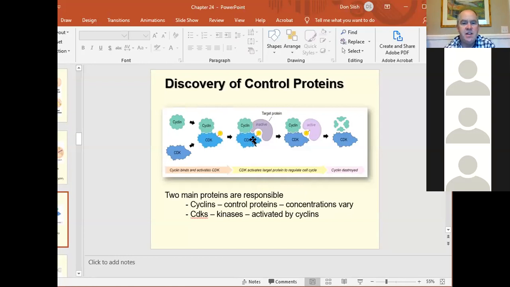Now your CDK will phosphorylate specific proteins that will turn things on, like condensin. Phosphorylates that, causes it to condense the chromosomes. It'll phosphorylate the lamins, cause the nuclear membrane to fall apart. And then eventually it will also activate some, what are they called?